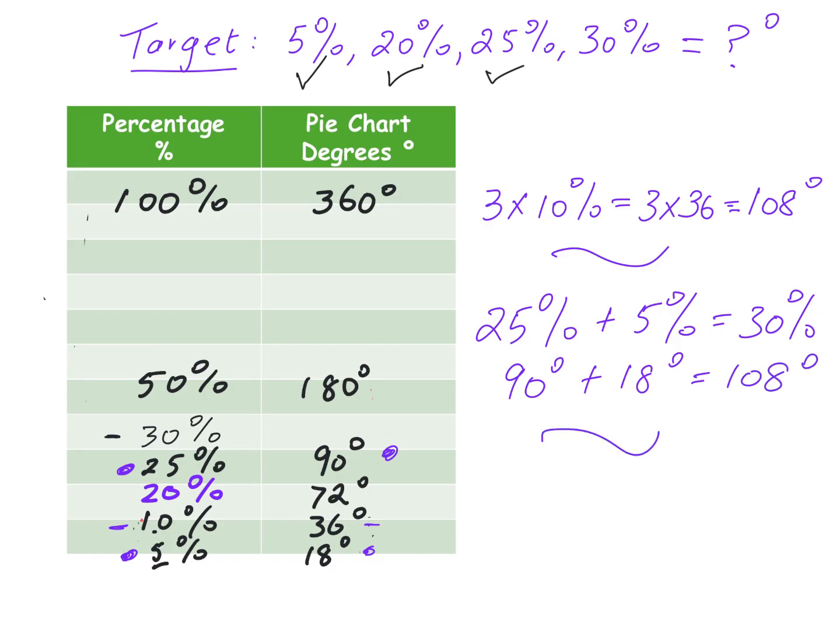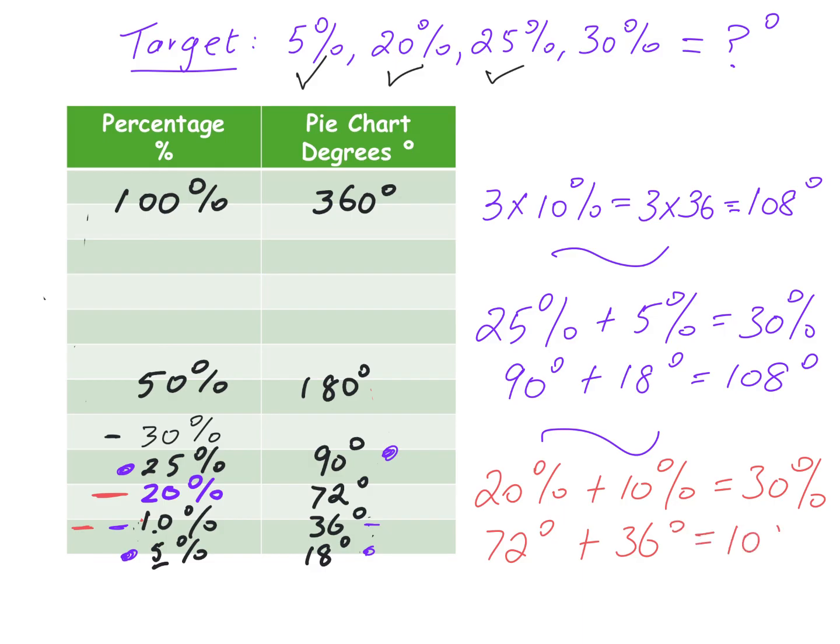And one other way we could do it is we could take our 20% and then add the 10%. 20% is 72 degrees. Then we've got 10%, which is 36 degrees, equals 108 degrees.